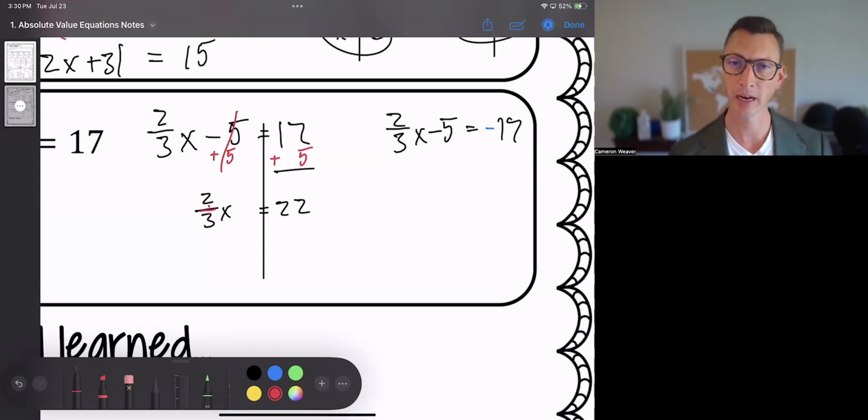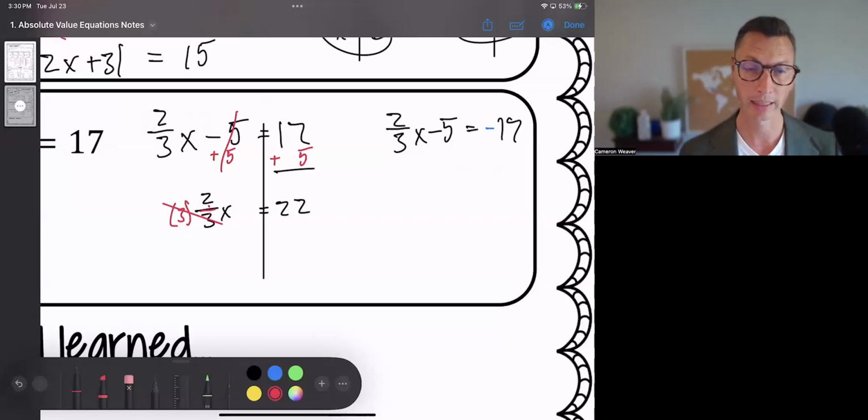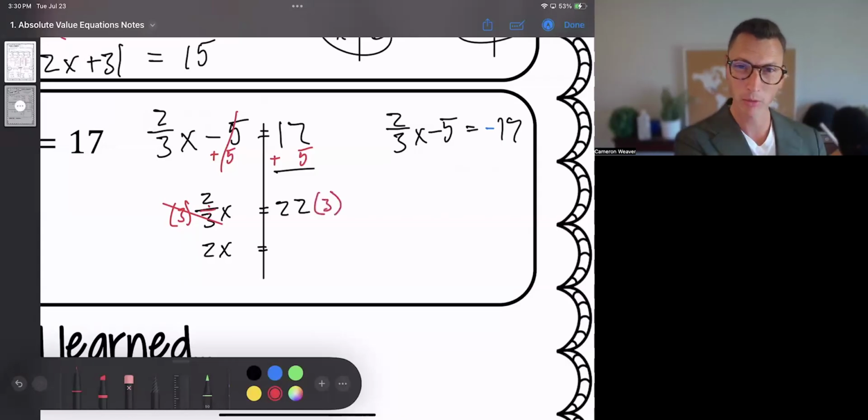Anytime that you need to eliminate a fraction and you're working an equation, all you have to do is multiply by the denominator, because multiplication is the opposite of a fraction. So watch what happens whenever I eliminate this by multiplying by the denominator. I get 2x to drop down. If I multiply by 3 on the left to eliminate the fraction, I simply must multiply by 3 on the right. 22 times 3 is 66.